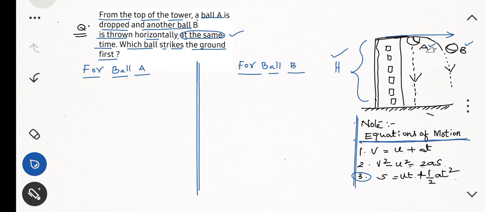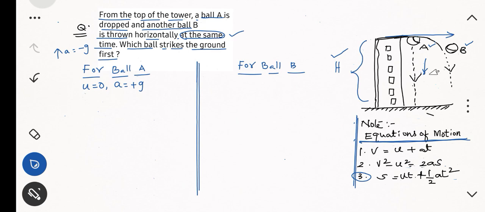For the ball A, which is falling freely or dropped from the top of a tower, we can clearly say that for a freely falling body, u is equal to 0 and a is equal to plus g, because the acceleration is equal to acceleration due to gravity, which is plus g in the case of the ball falling towards the ground. If the ball is vertically projected, then a must be negative of acceleration due to gravity.